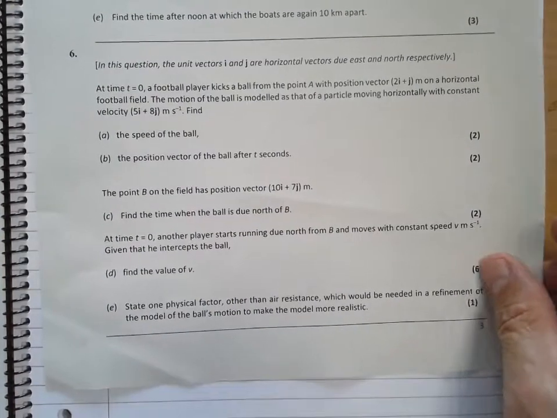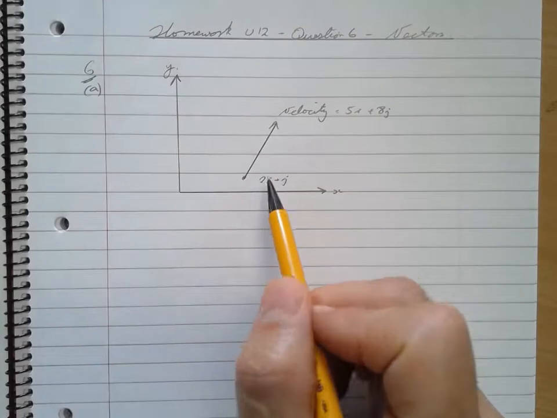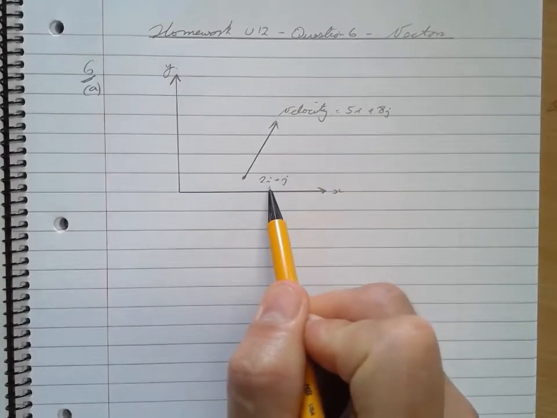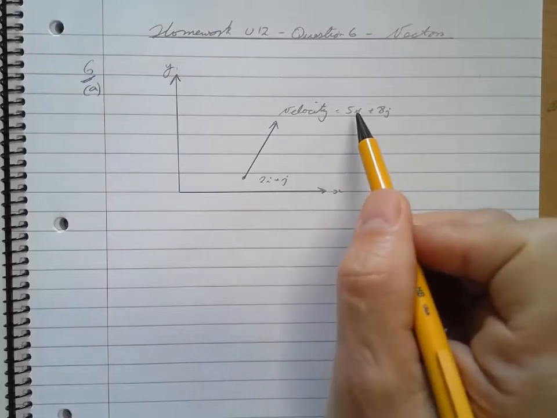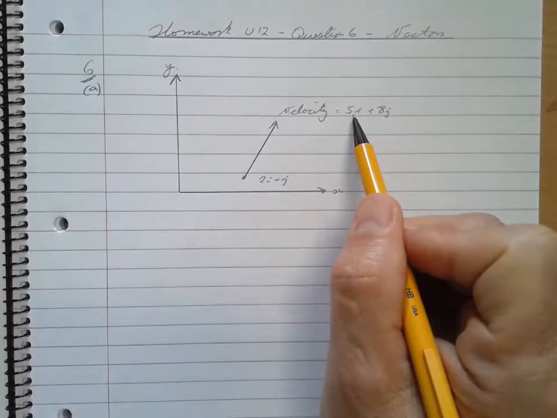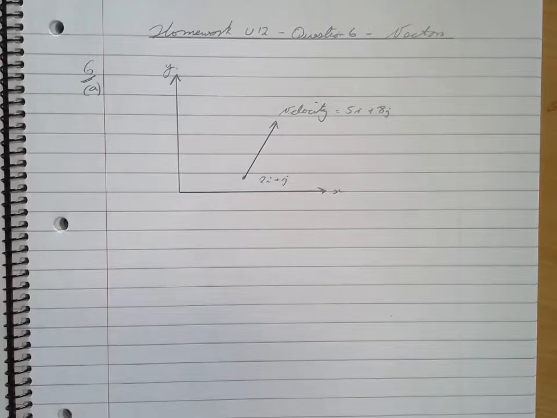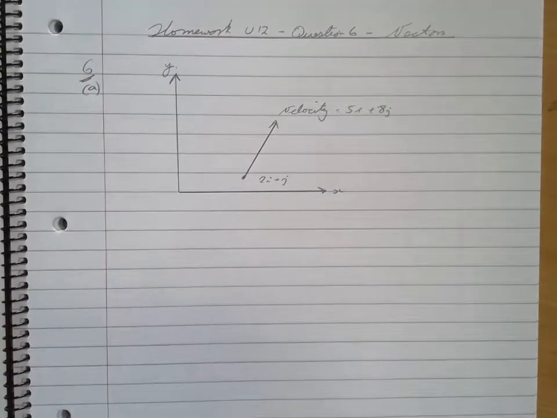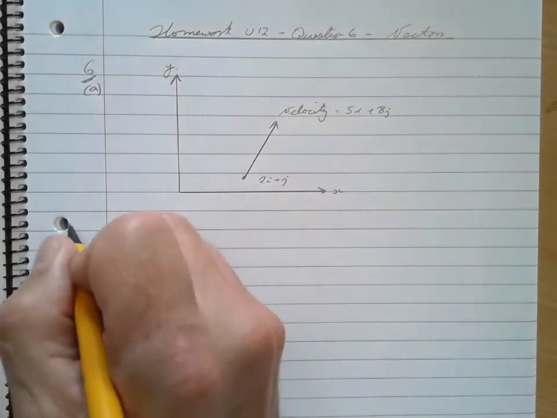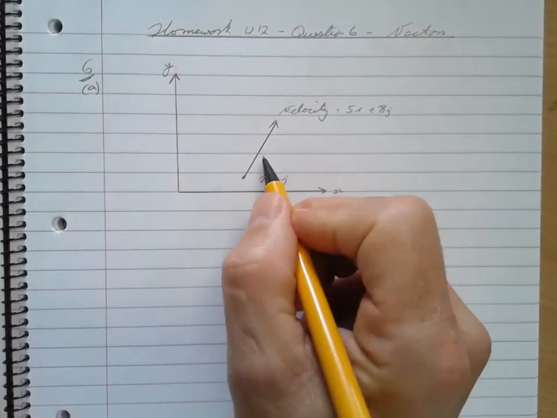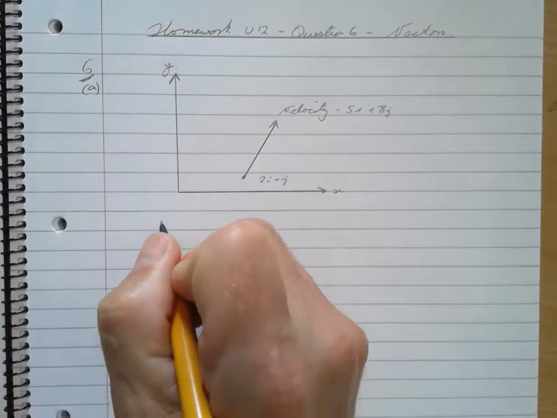So we've got something looking like this. We've got the initial position vector, which is 2i plus j, and we've got the velocity vector over here, 5i plus 8j. And so first of all, we want to get the speed as part A. So speed is just going to be the magnitude of the velocity vector.